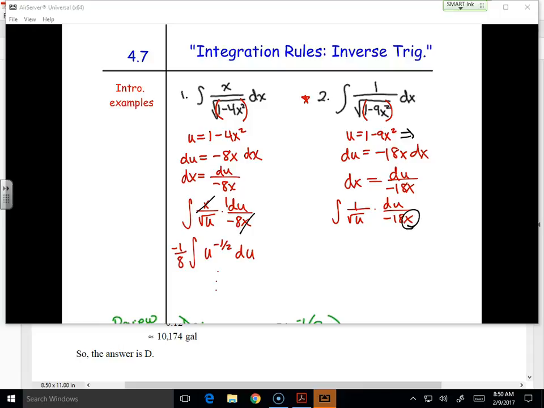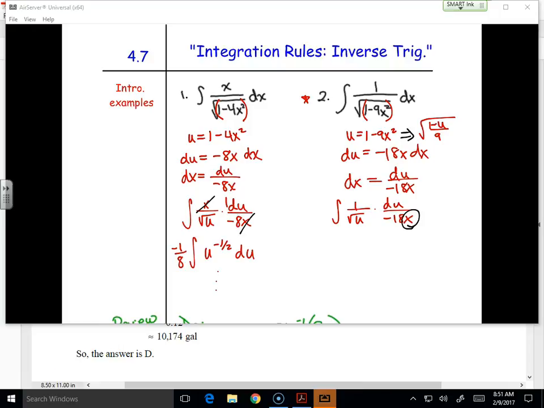Go solve for x. Okay. Solving for x, u minus 1 divided by negative 9 will end up being 1 minus u divided by 9, square rooted. Let's just ignore the plus or minus square root for now and say that's not a big deal. Let's say we plug that in.